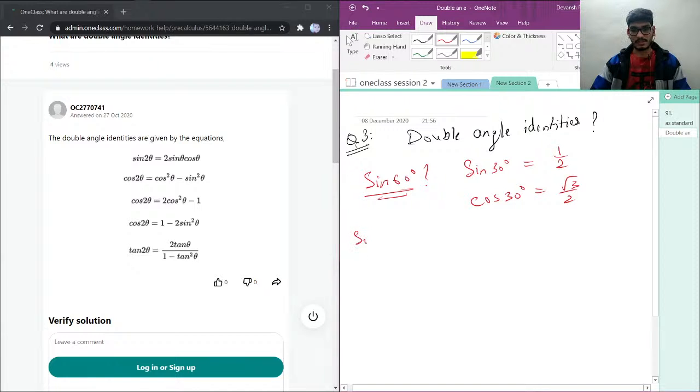So I know the sine of 60 is basically root 3 over 2.